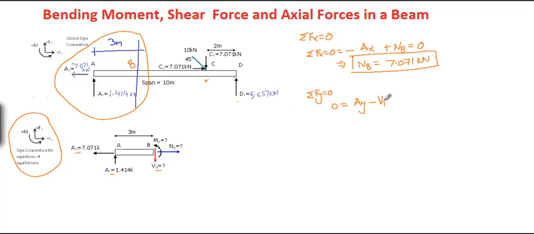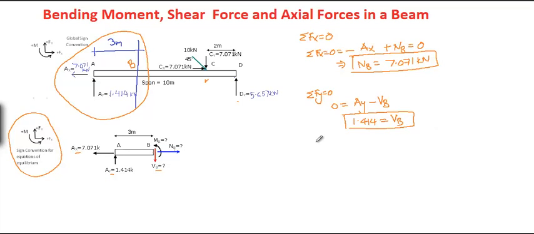Substituting the value of Ay equals 1.414 kilonewton, we get VB equals 1.414 kilonewton, and this is also positive. The positive value indicates the actual direction of shear force is the same as we have assumed.